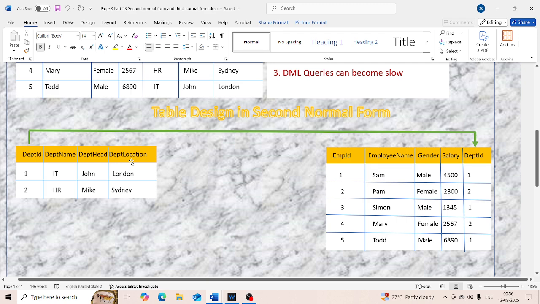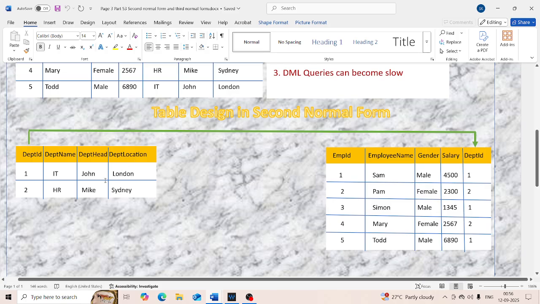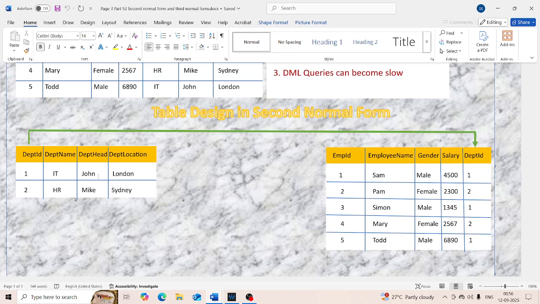And your DML queries can also be faster because I have just one row to change if I have to update this specific department.